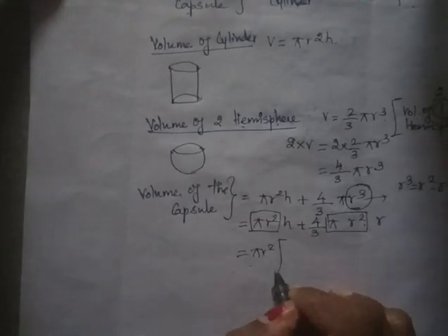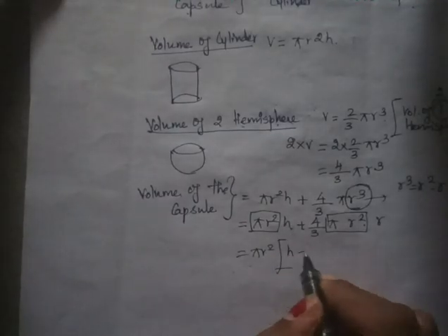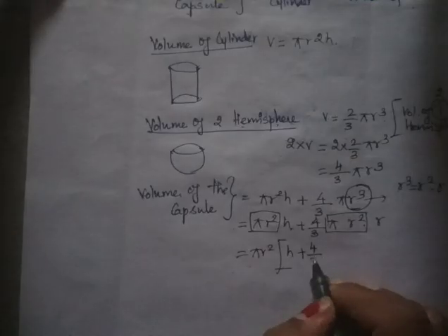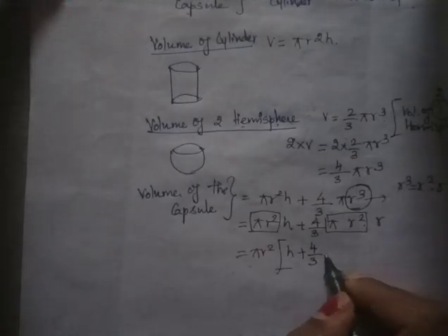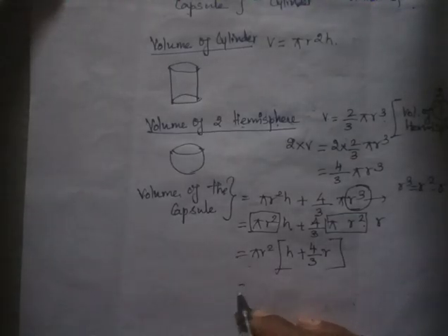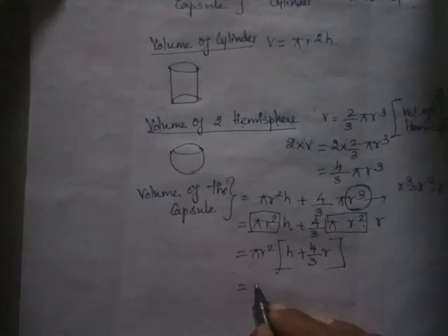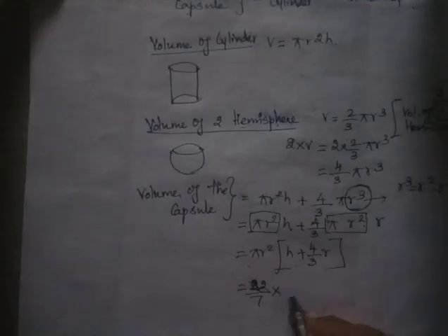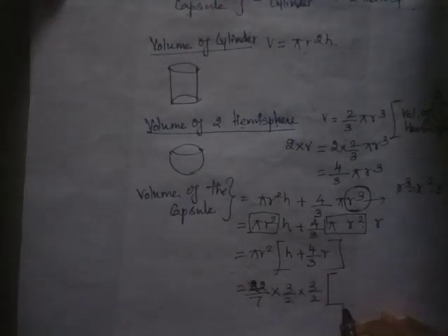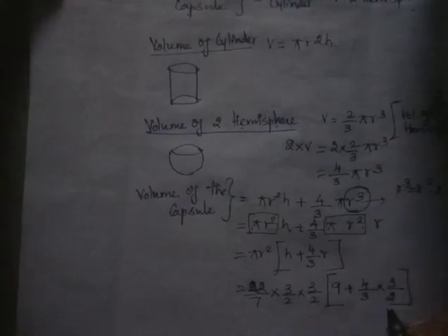Pi r squared into h plus 4 by 3 into r. Pi value 22 divided by 7. R value 3 by 2 into 3 by 2. H is nothing but the height of the cylinder, which is 9. 4 by 3 into r, 3 divided by 2.